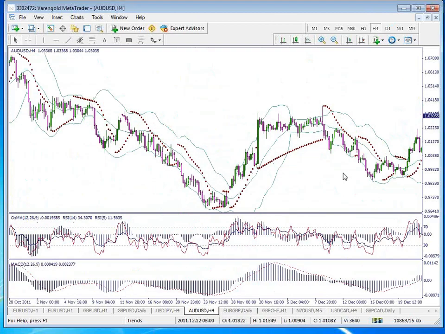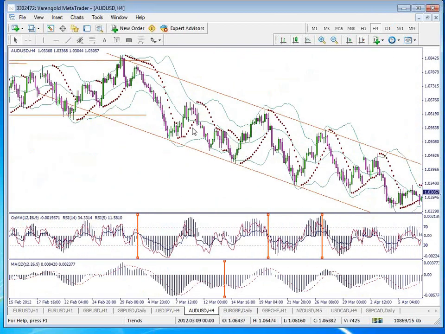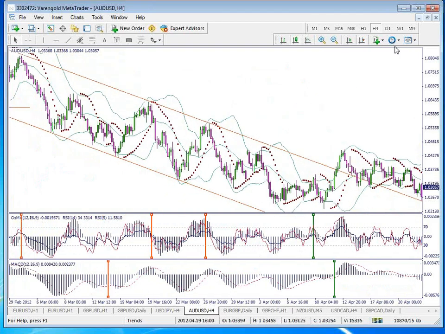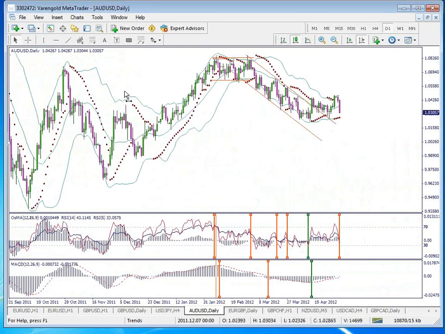And on 4-hour time frame, I will draw the Fibonacci on the last wave.